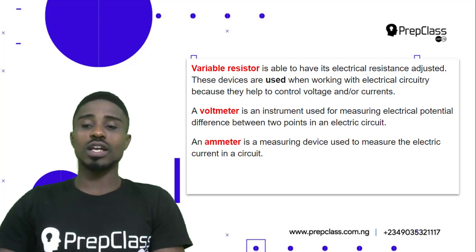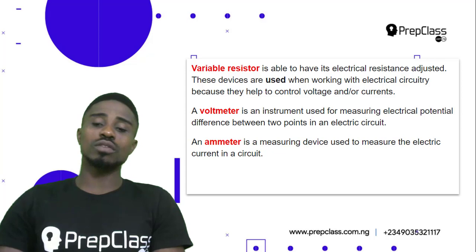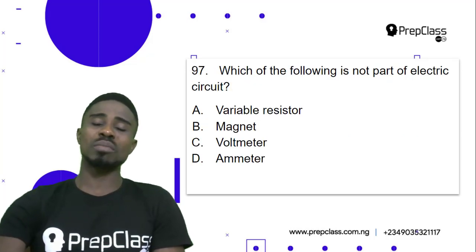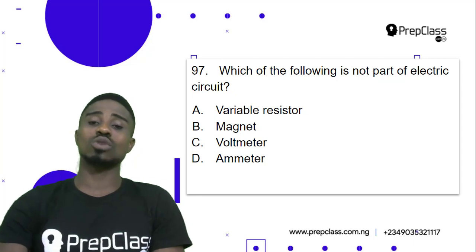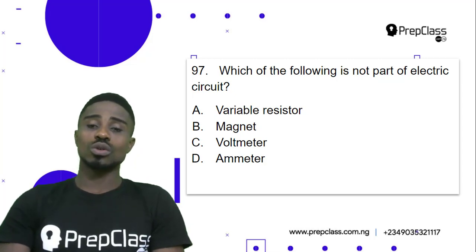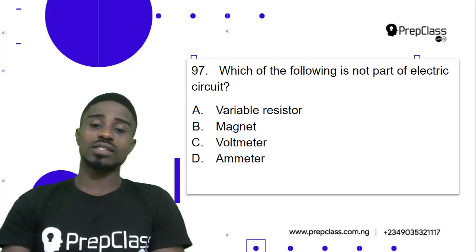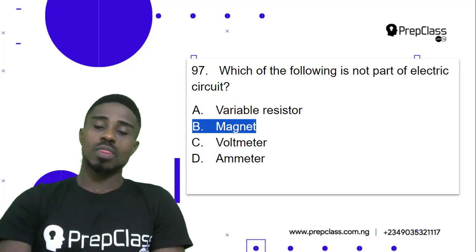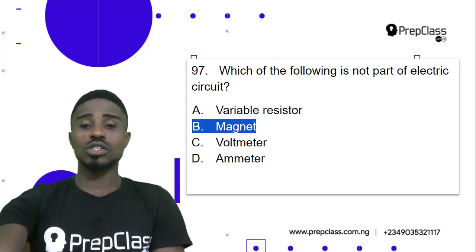It's used to measure electric current in a circuit. So all of these are parts of electric circuits. But the magnet basically has little or nothing to do with an electric circuit. So the correct answer to question 97 will be option B, magnets. Okay, let's look at the next question.